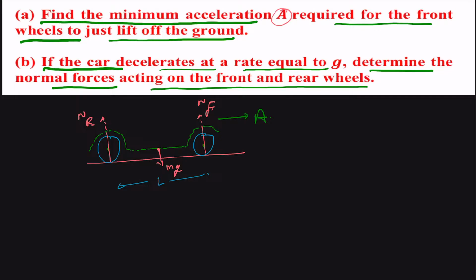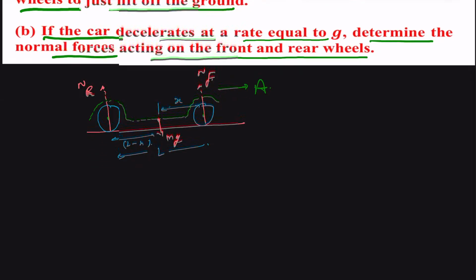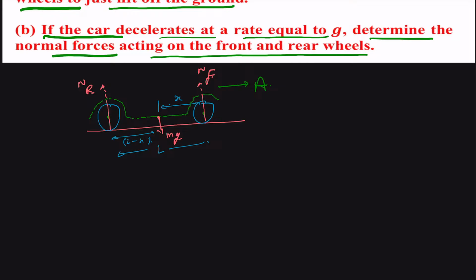So we assume that the distance from the front to the center of mass is x, therefore from the rear it will be L minus x. So this is our basic question for the first part. Okay. And let the height of the center of mass from the ground be h.